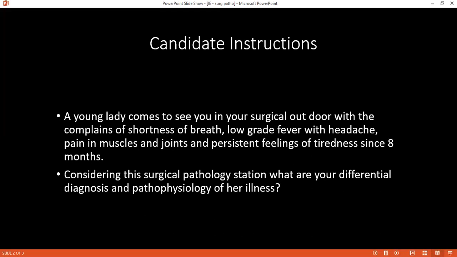Which would you recommend? Tacrolimus, mycophenolate, and steroids. These are the three options. Okay, all right, good. Thank you.